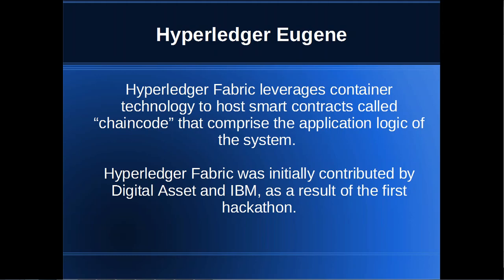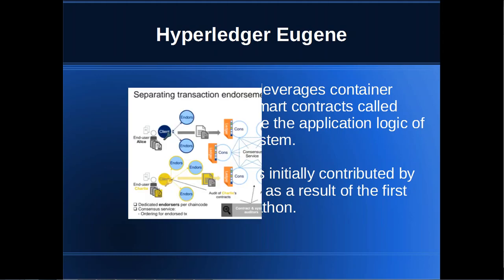So we'll move on a little bit here. Here we go back to the schematic of HyperLedger Fabric, separating transaction endorsement from consensus. That's the important characteristic of Fabric.